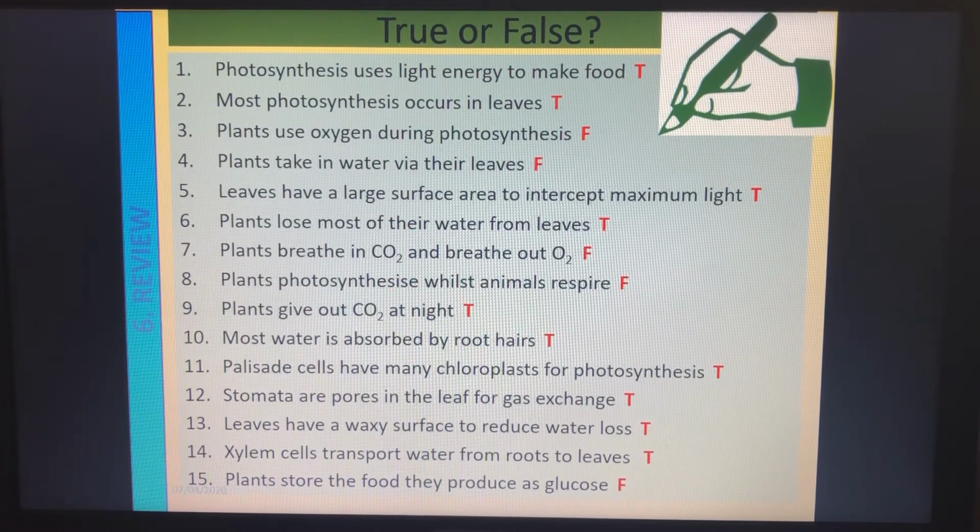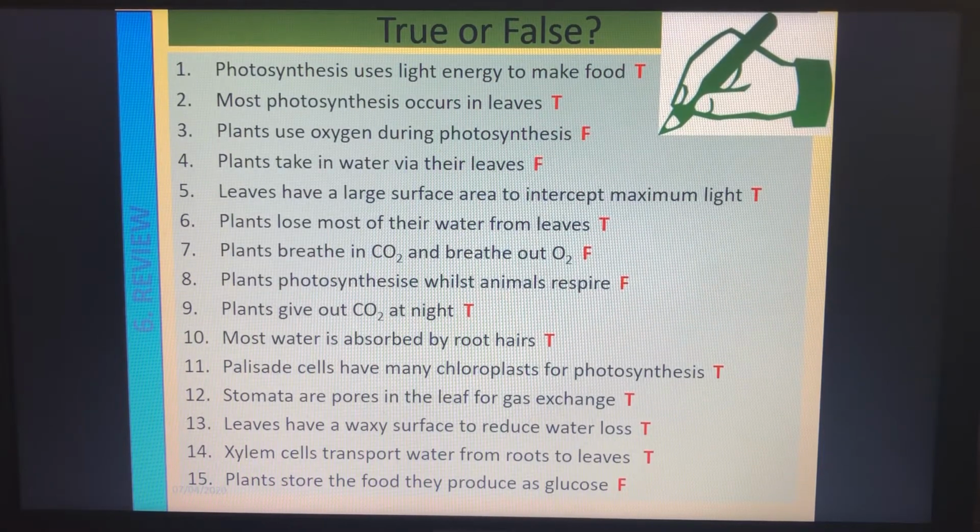Plants use oxygen during photosynthesis. That's not true. They use carbon dioxide and they produce oxygen, so that one was false. Plants take in water via their leaves. No, that's also false. Although they have those holes, the stomata, they only release water into the atmosphere. The water comes in through the roots.